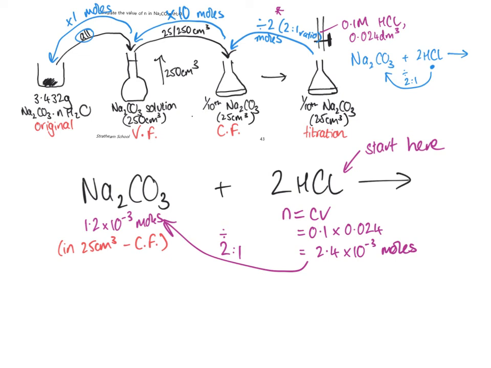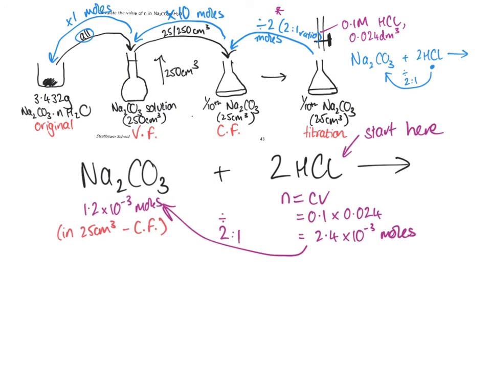Okay, so if we're then moving into the volumetric flask, with the volumetric flask we're going from a 25 centimetre cubed sample to the whole 250 centimetre cubed sample. We are at this stage of the moles calculation, so we need to multiply that number of moles by 10. I have 10 times as many moles in my volumetric flask as I did in my conical flask.